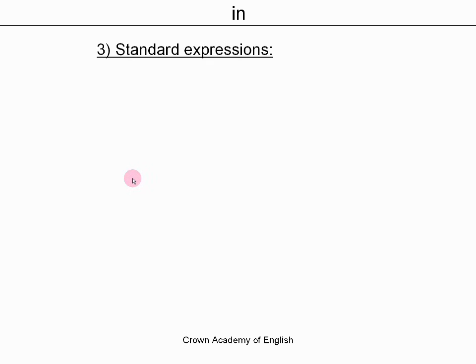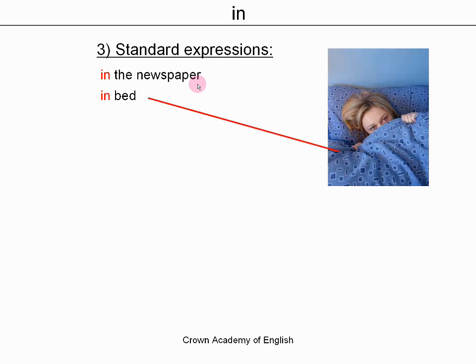And finally, there are some expressions again for the word in. In the newspaper. So we say, I read an article in the newspaper. In bed. So the girl is in bed.